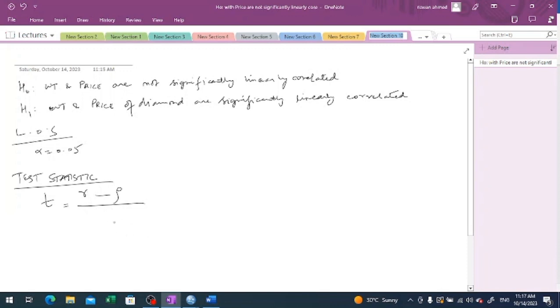And then we have the standard error of the coefficient of correlation. Now, since we are using the p-value approach, we write down the decision criterion.